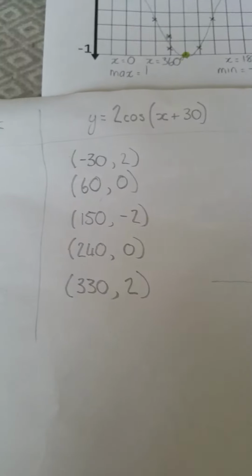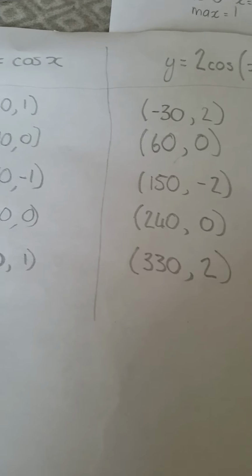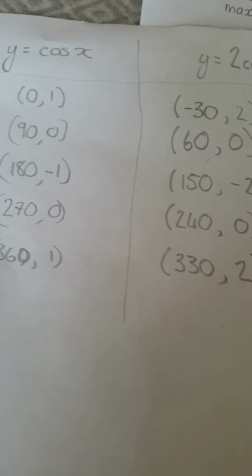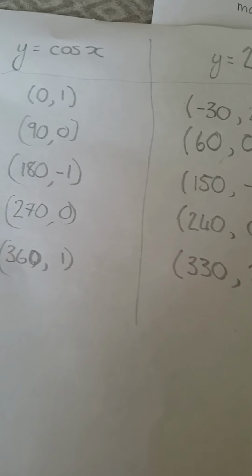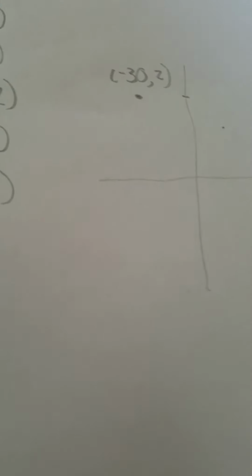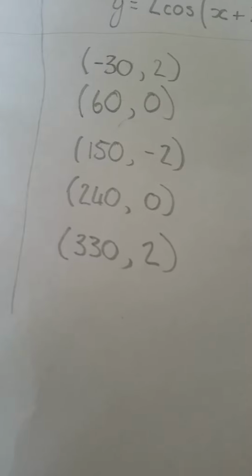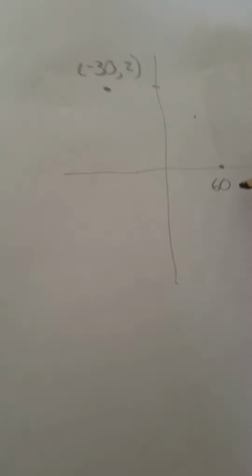Okay. So instead of starting at 0, it's going to start at minus 30. And it's got a value here at 2, so that's minus 30, 2. Minus 30, 2 it's starting at. Okay. Instead of cutting at 90, 0, it's going to cut at 60, 0. So I'll say that's 60, 0.